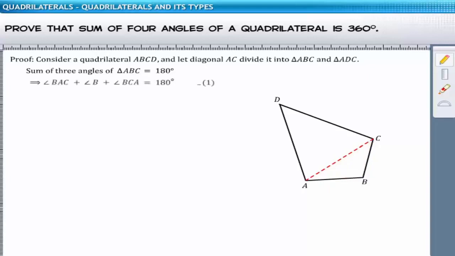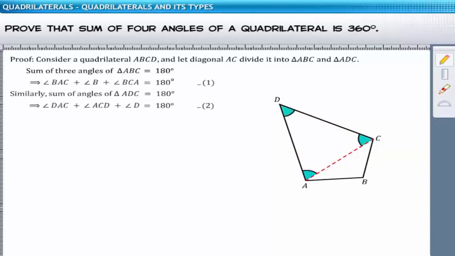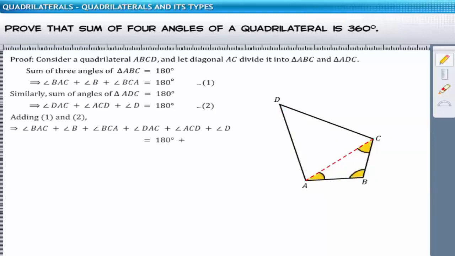That is, angle BAC plus angle B plus angle BCA is equal to 180 degrees. Similarly, the sum of the angles of triangle ADC is equal to 180 degrees. That is, angle DAC plus angle ACD plus angle D is equal to 180 degrees. Adding equations 1 and 2, we get the sum of the angles equal to 360 degrees.